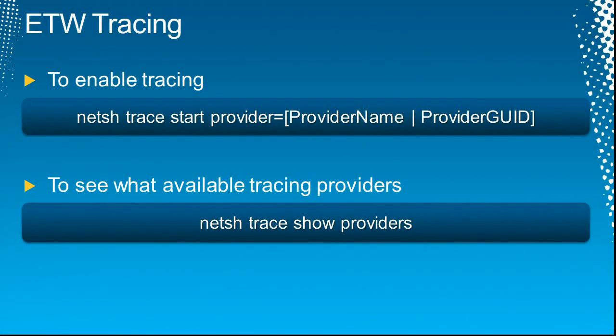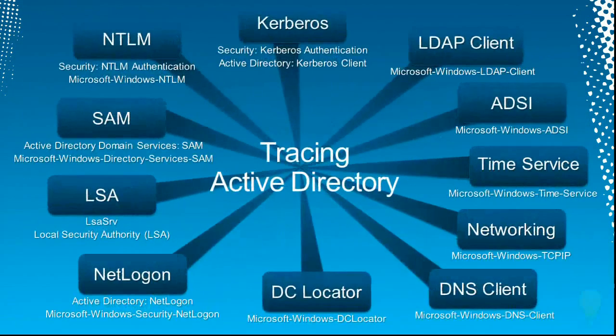To see what providers support tracing, you can run netsh trace show providers. And you will find that for the Active Directory components, you have a wide variety of providers across the different components.